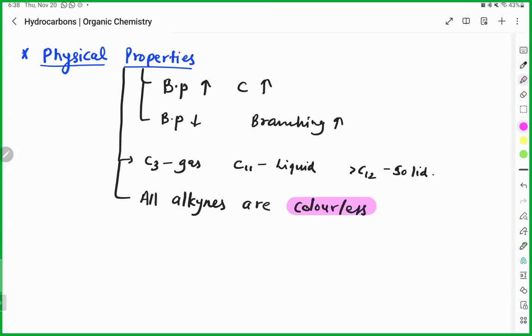Why? Because of less reactivity? Sorry, they can easily react with any molecule. Less reactivity is present in the case of... Pratigya, which hydrocarbon is the least reactive?